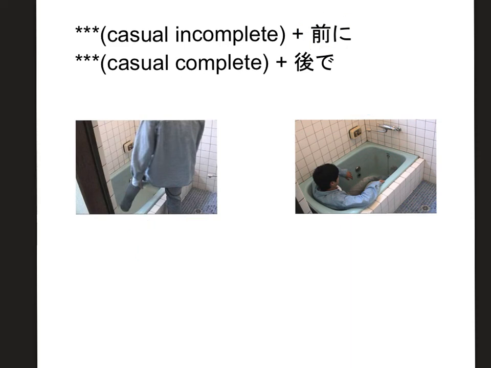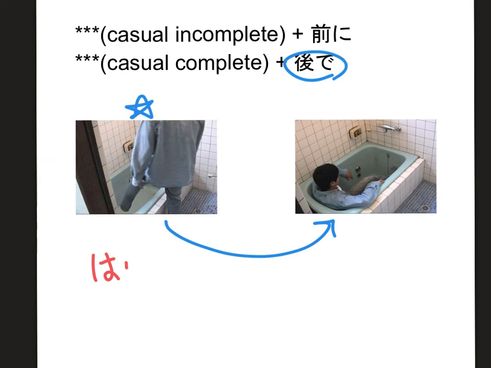Now what happens when you want to use after? 後で. The sequence this time starts here because you're going to be saying after you enter the bath, after you get into the bath, you relax. So think about the structure. You need the casual past tense or the ta form of entering a bath, which in Japanese comes from お風呂に入る. 入る, as you know, is a group 1 in disguise.